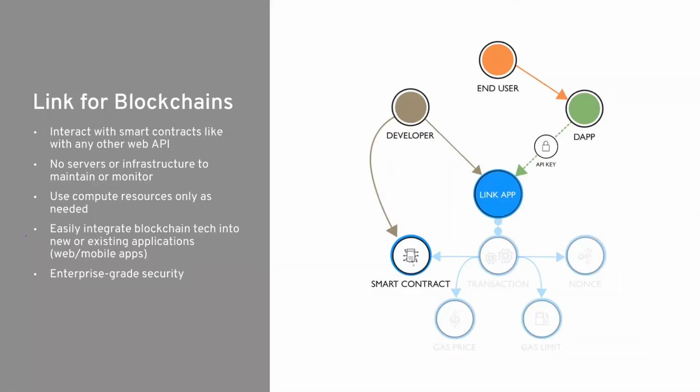So we've talked about some of the benefits of blockchain in general, and we've introduced Link. Taking a look specifically at what Link has to offer, whether you're building a new application or using an existing one, whether it's web-based or mobile-based, Link makes it very easy to integrate blockchain tech into your existing stack or a new stack if you're building a new application. If you go to our blog, we outline how we took an online game from 1997 and retrofitted it to use blockchain to track those digital assets that you're able to trade and exchange in that game.